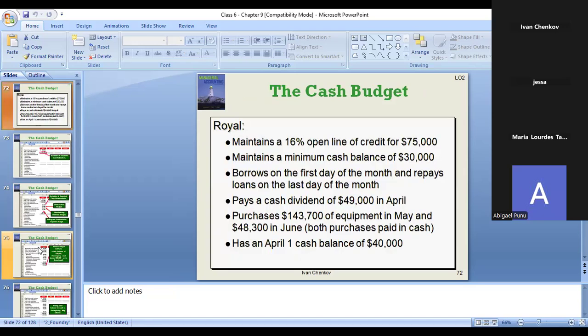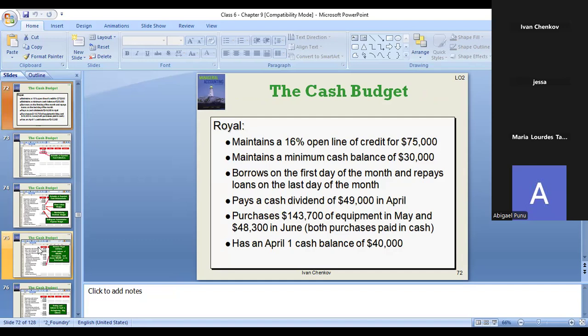In order to do this, we need a little bit more information. First, the company has a credit line of $75,000, for which it pays $16,000. Next, they want to have a minimum cash of $30,000.